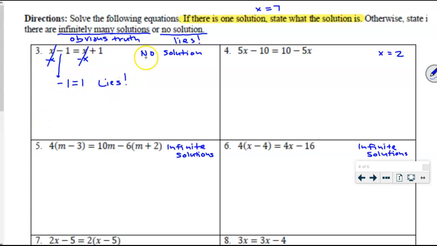That's an obvious lie. So I don't write on my paper -1 equals 1 and put a box around that. I don't say lies is my answer and put a box around that. When I get to this point, you interpret that as no solution, and that's what you put your box around, saying I tried to solve it, and the answer is that there is no solution.